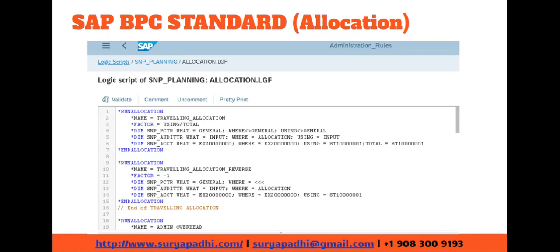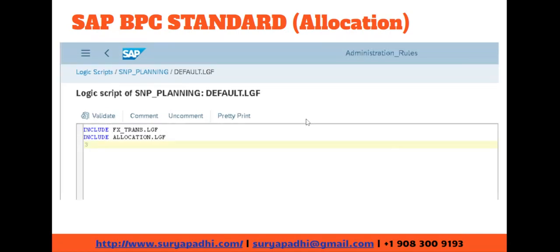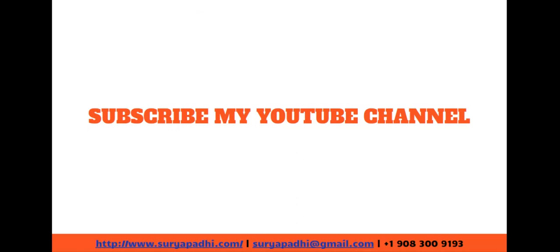You can see the expenses were allocated from the general profit center to the respective profit centers. So this is the default logic. You can see that in the default logic I have included the allocation logic. That is the reason when you are saving the data, the default logic is triggering the allocation logic.